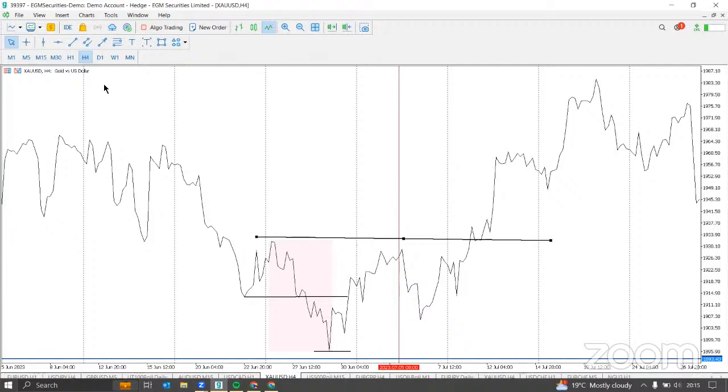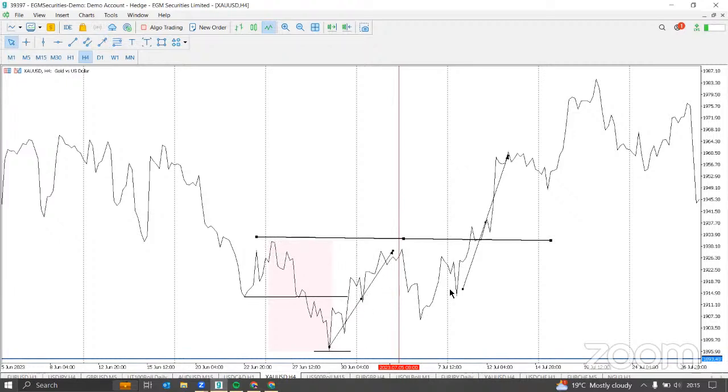In that case, we had this push over here. So this entire move broke what? It broke market structure, because this was the most recent swing move. And this move over here failed to go higher than this swing point, so this is internal structure.